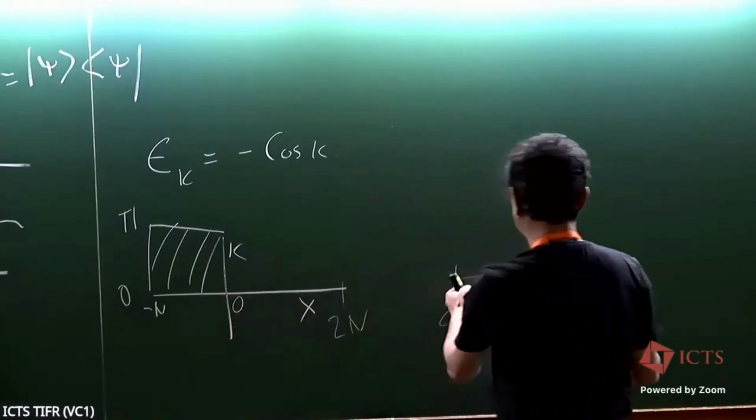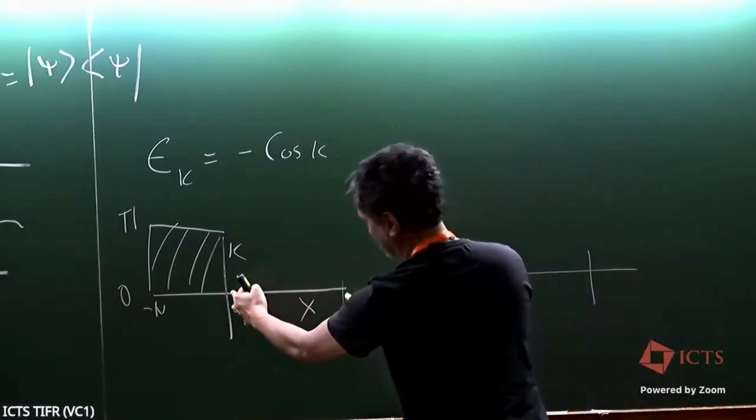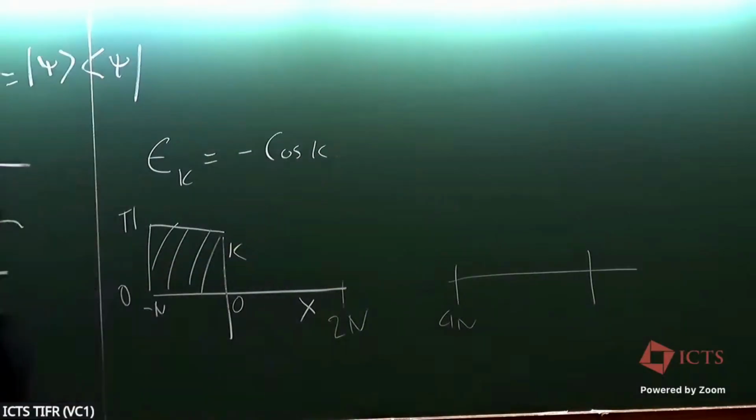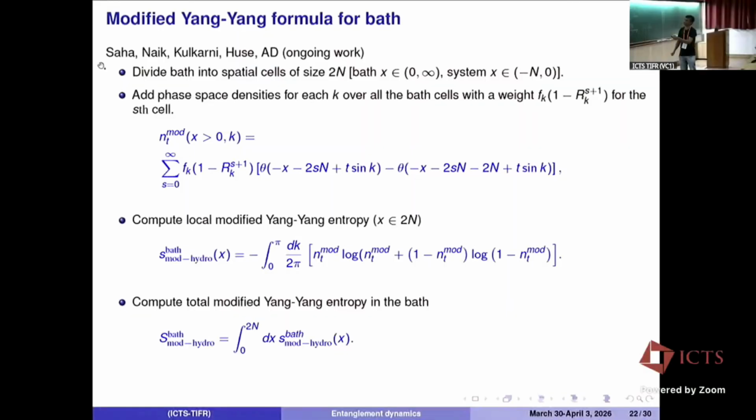The part from 4n to 6n, I'll also put at the same place. This is this summation, and using this object, we compute the entropy. With this change, somehow it works quite amazingly.